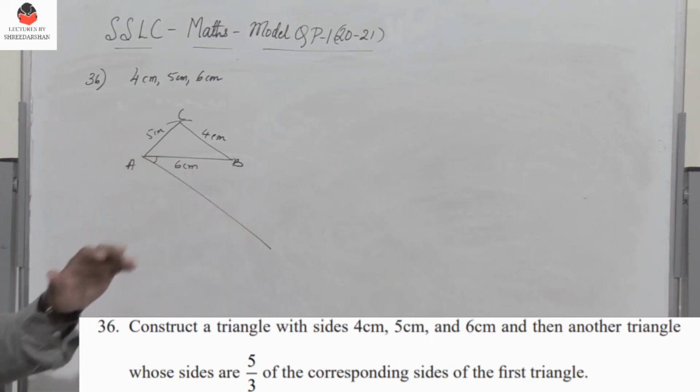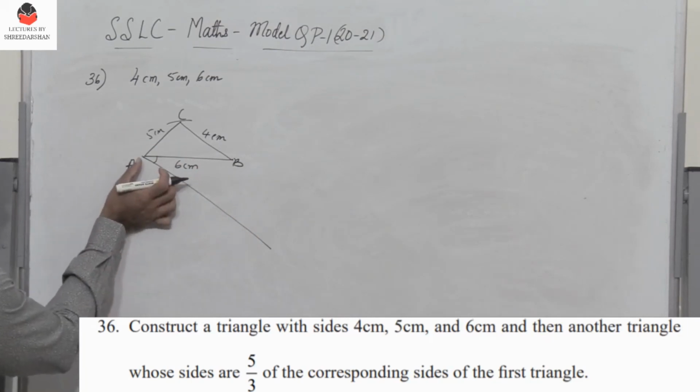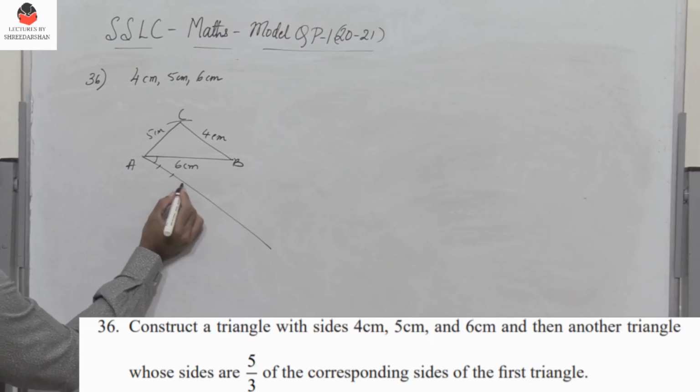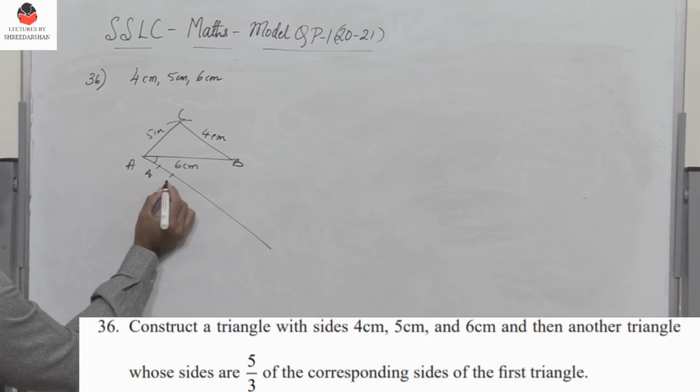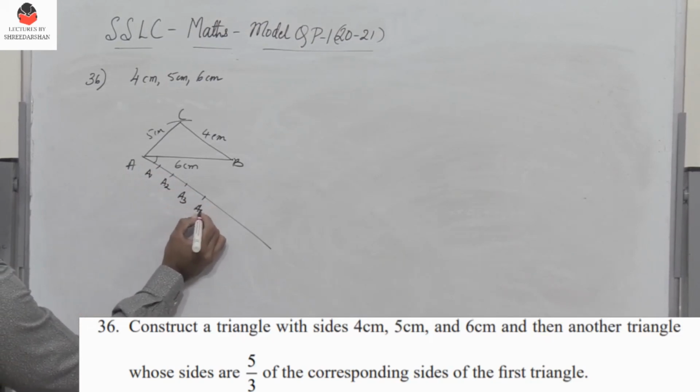Make sure that you do the construction to scale. Take an equal length in your compass and mark equal lengths, that is A1, A2, A3, A4 and A5.